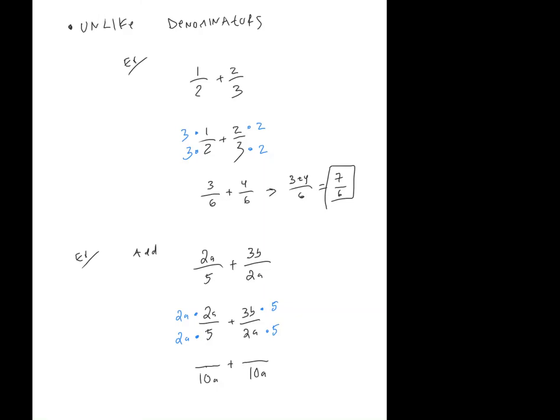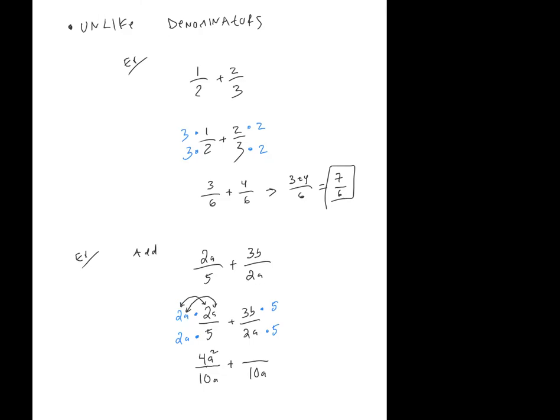The denominator should be 10a. Multiply the top. 2 times 2 is 4. What's a times 2a? The letter a times the letter a, squared. 2a squared. Good. Or 4a squared, because we multiply 2 times 2, which gives us 4.